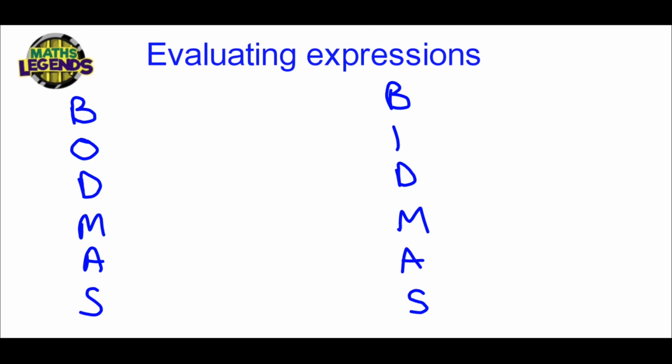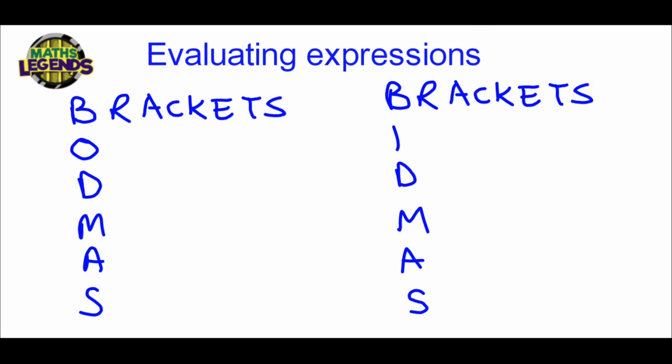But what do each of these stand for? So B stands for brackets, and the B for BIDMAS is also the same, brackets. Now the O here stands for order, the I is for indices, so it's the same, so it's the power of your variable.